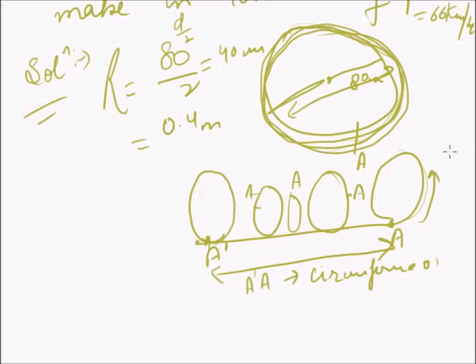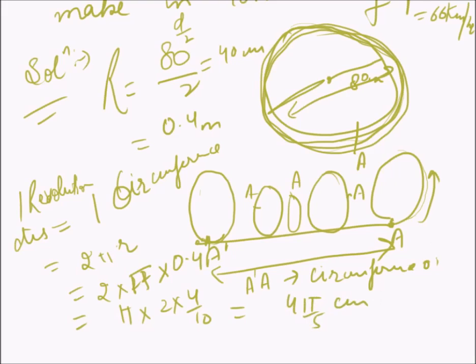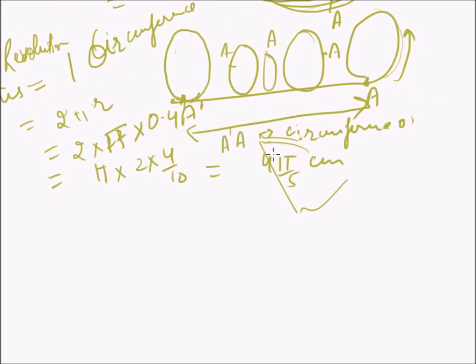The tire has traveled one circumference, so the distance in one revolution equals one circumference, that is 2 pi r, or 2 into pi into 0.4, that is pi into 2 into 4 over 10, or 4 pi by 5 meters. Now this is the distance in one revolution.